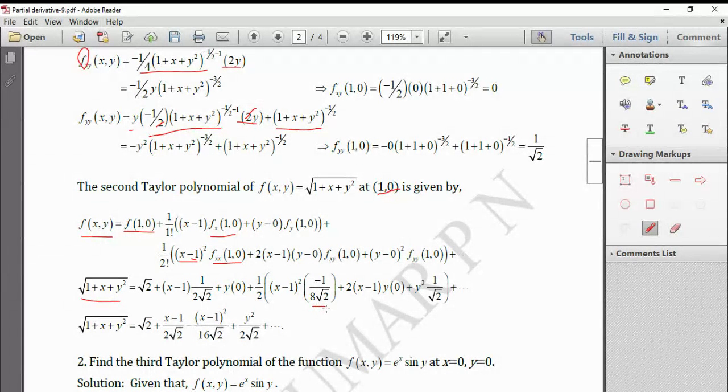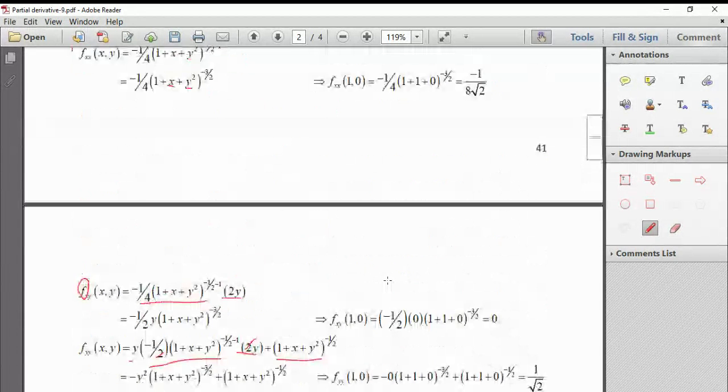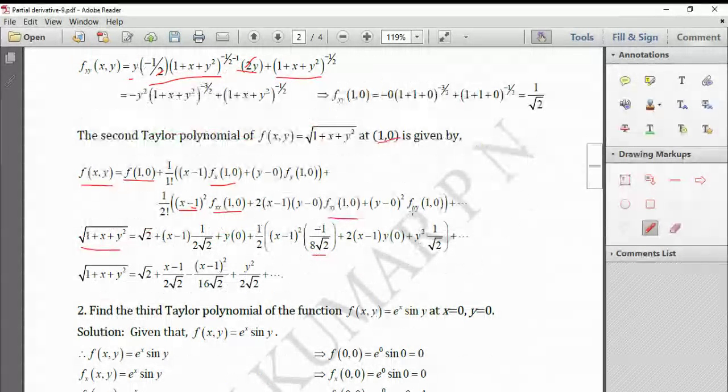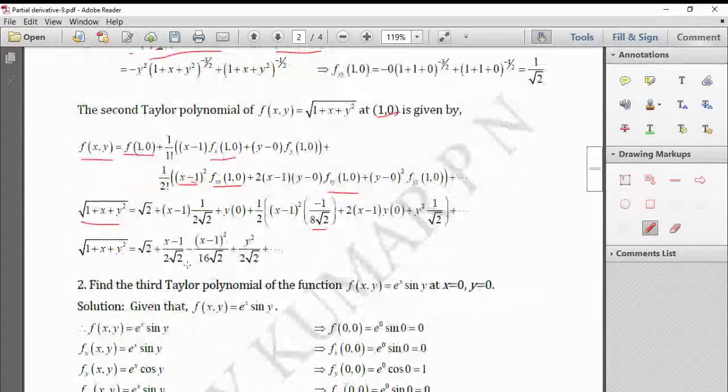Minus 1 by 8 root 2 plus 2 into (x minus 1) into y into, what is your fxy? Your fxy is 0. So 0 plus (y minus 0) means y square into fyy, which is 1 by root 2, etc. Simplify this, you will get this much. So this is how you have to find the Taylor polynomial expansion for the given function.